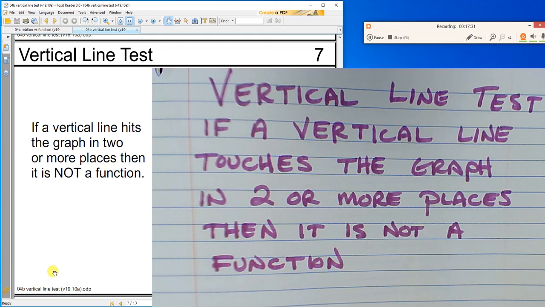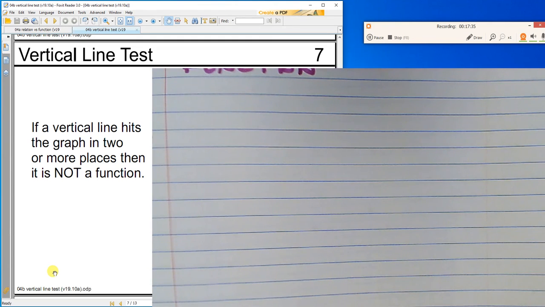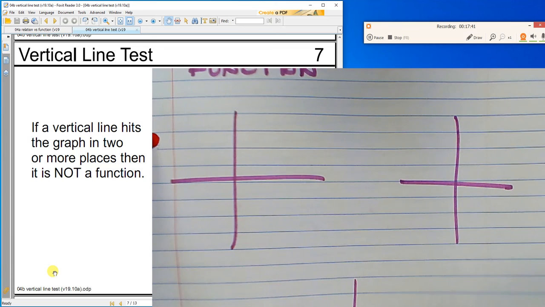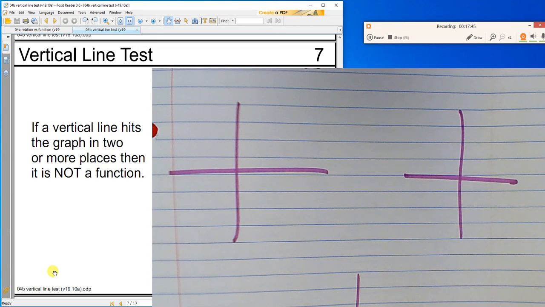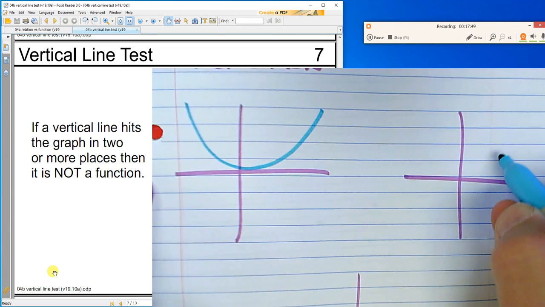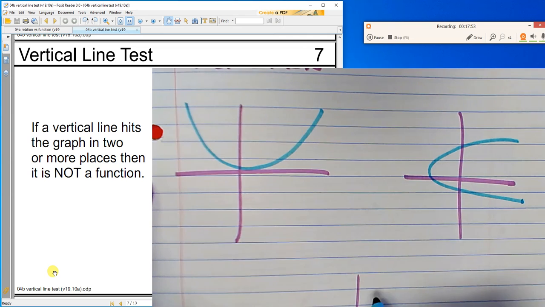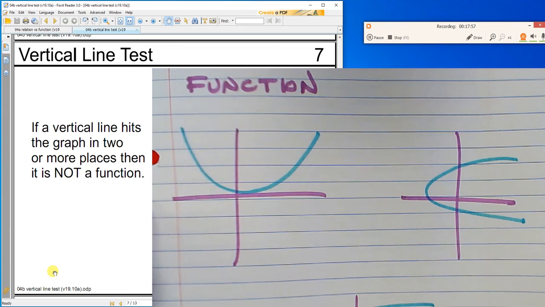So what does that look like? So I'm going to give you some different shapes here. We're going to need 3 coordinate systems. Coordinate system, coordinate system, coordinate system. Three different graphs.